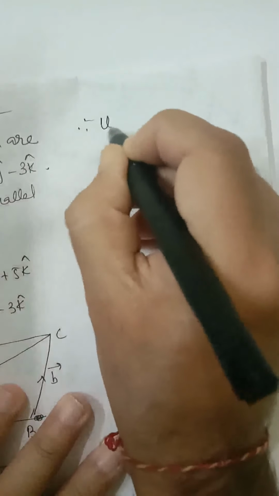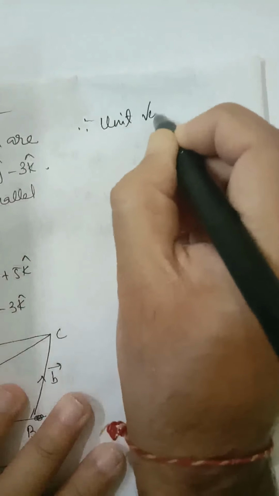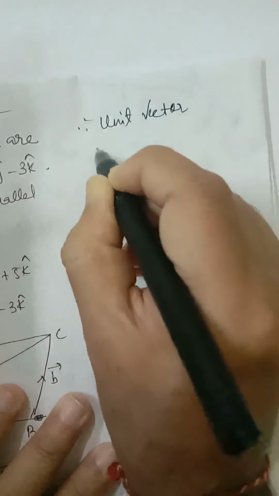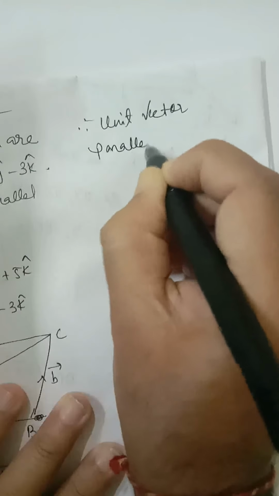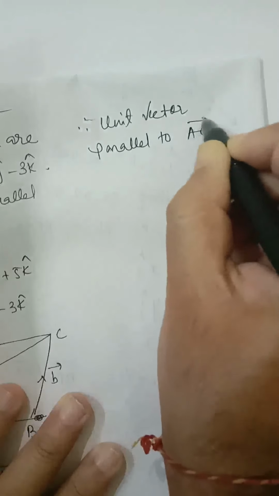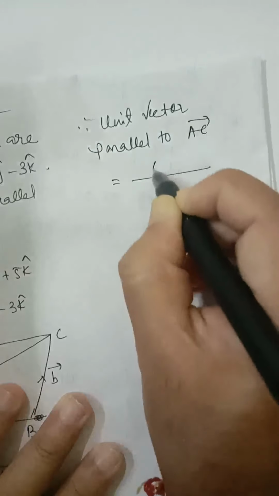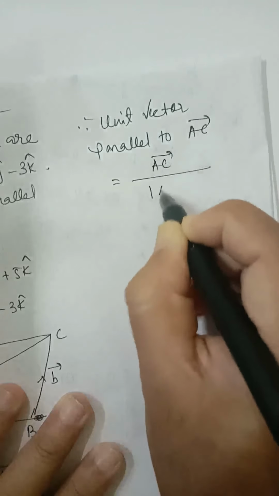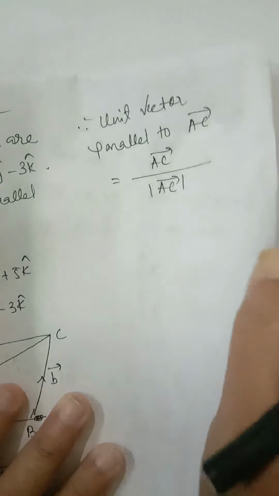Therefore, unit vector parallel to AC vector is equal to AC vector by modulus of AC vector.